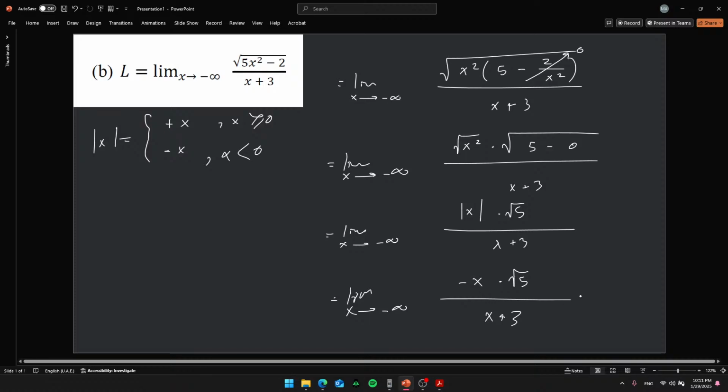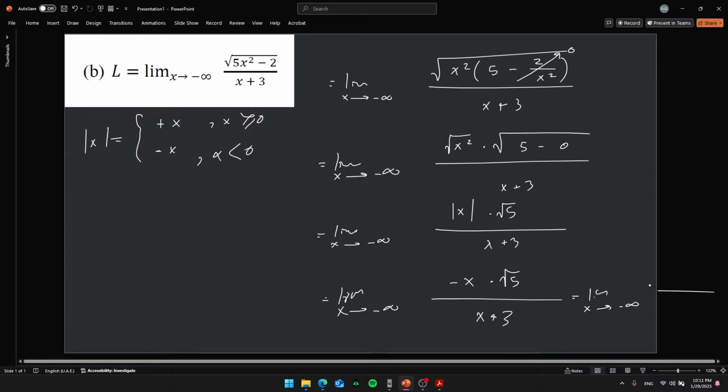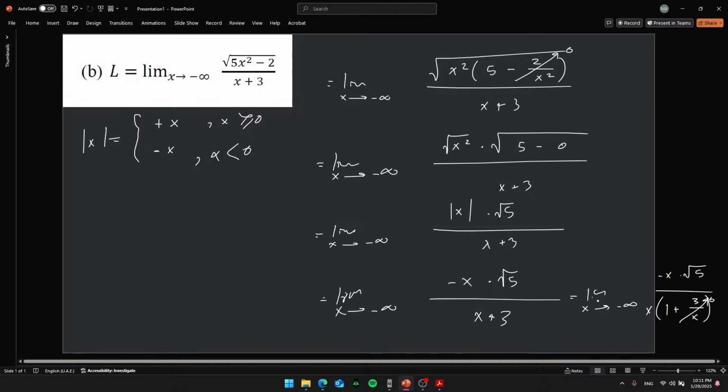Now, from the denominator, I could take x as a common factor. Limit as x approaches negative infinity of negative x times root 5 over x times (1 plus 3 over x). This 3 over x will go to 0 as x approaches infinity. So I'll continue here.